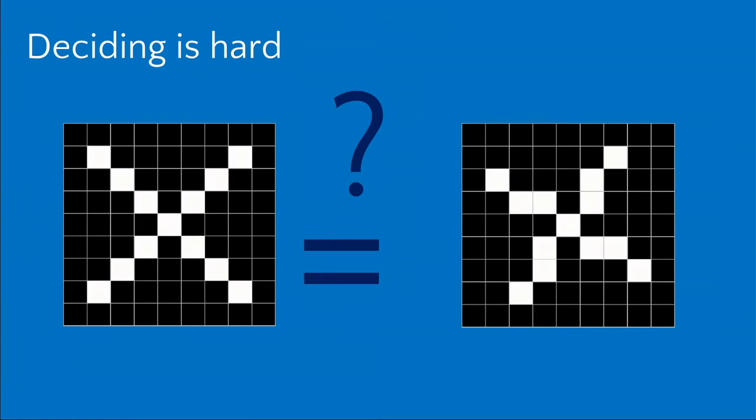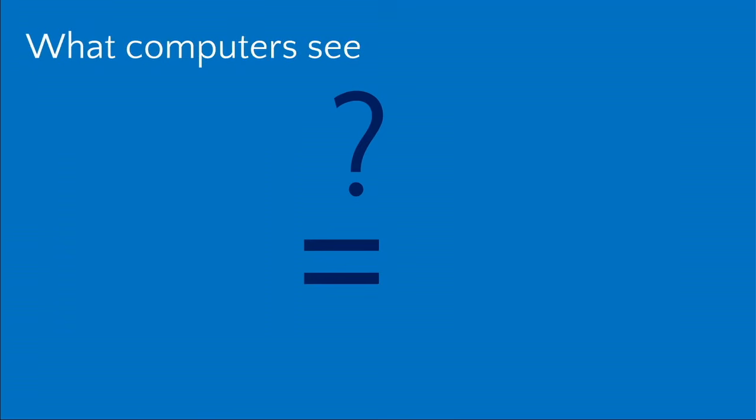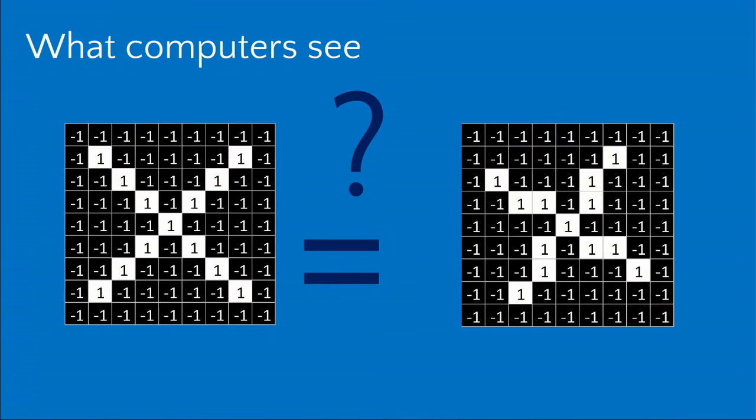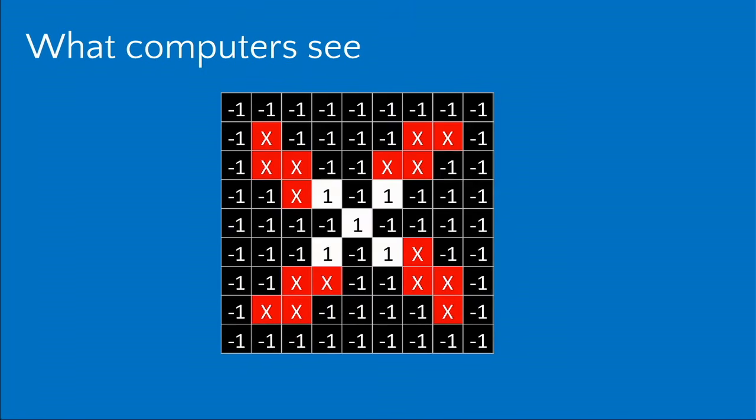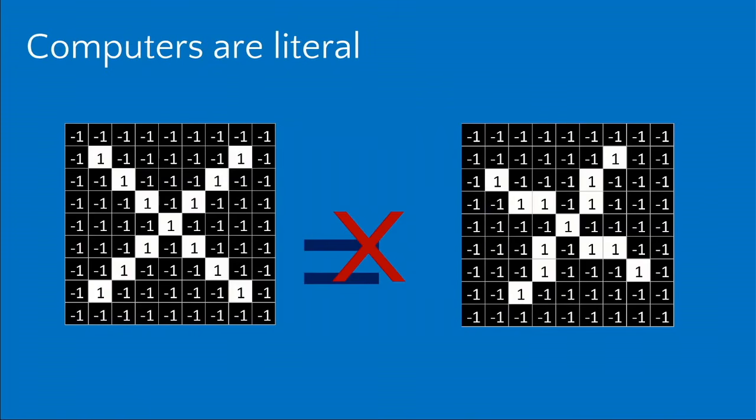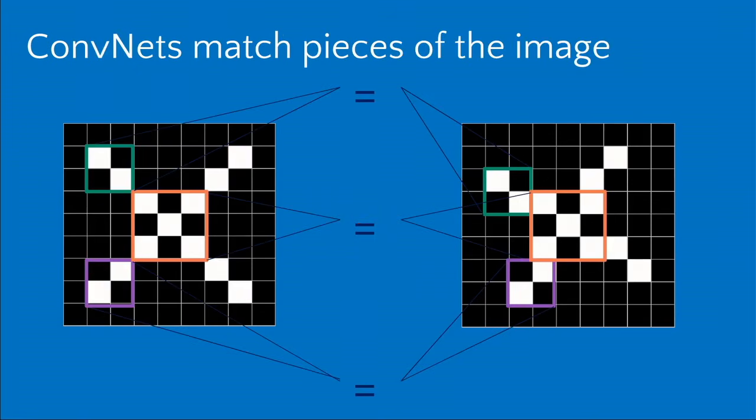When trying to decide if these two things are equal, it goes through pixel by pixel. Black pixels might be a -1, white pixels might be a +1, and it'll compare them pixel by pixel, find the ones that match, and here the red pixels are the ones that just don't match. So a computer looking at this would say, no, these are not the same. They have some matches, but they have a lot that don't match.